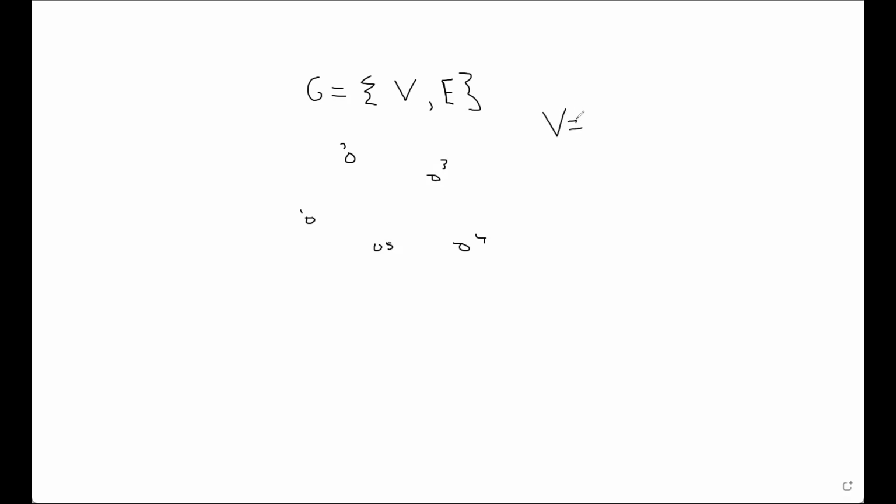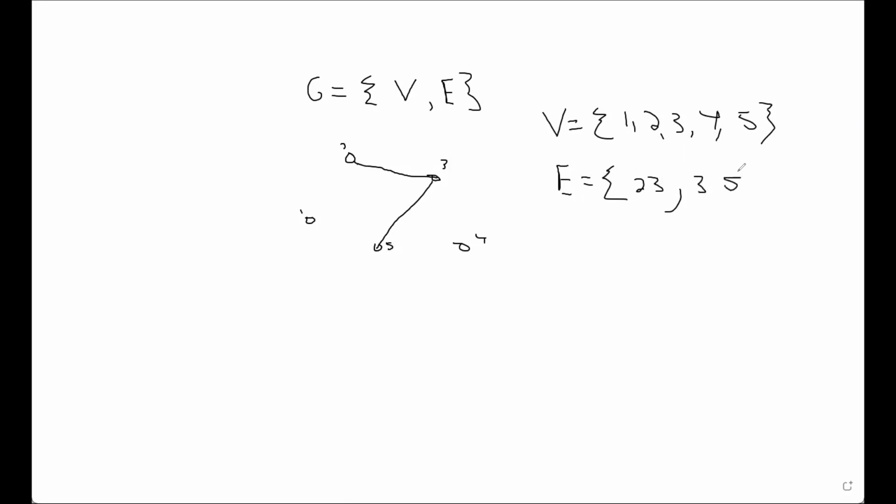So V would be, in this case, the set 1, 2, 3, 4, 5. And then E would be whatever connections there are between them, okay? So E could be, in this case, 2, 3 is an edge. 3, 5 is an edge, and so forth. Okay. And then if these have values here, then it's a weighted graph.